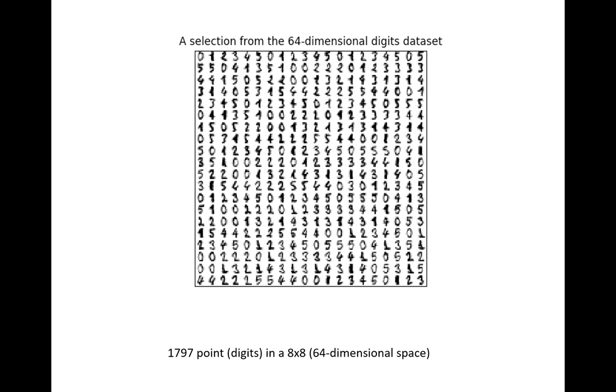In this particular case, the number is 1797. So we have that many points in a high dimensional space, which is a 64-dimensional space. What we want to do is map these points from a 64-dimensional space to a 2-dimensional space.